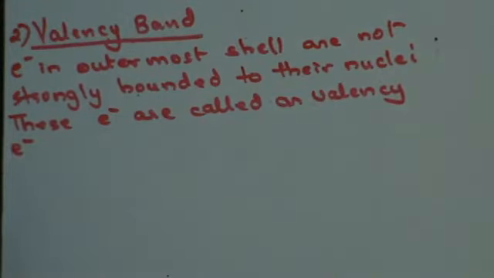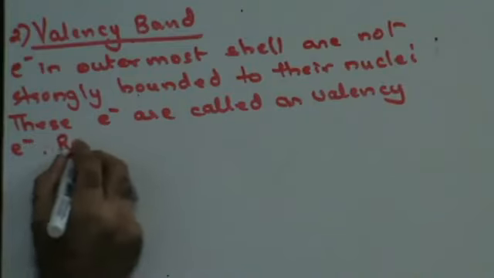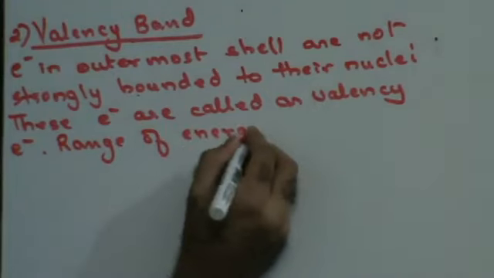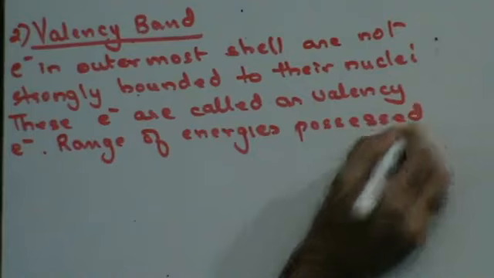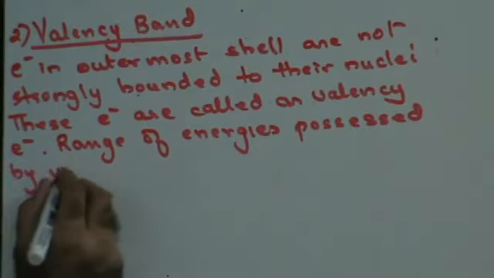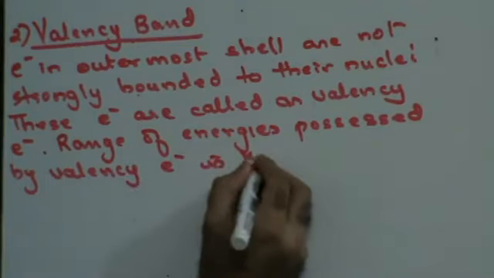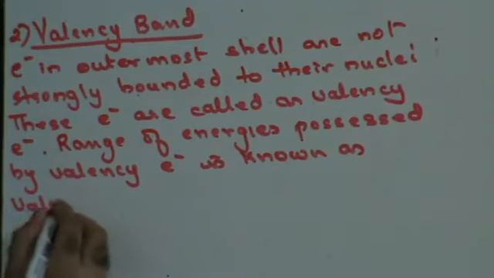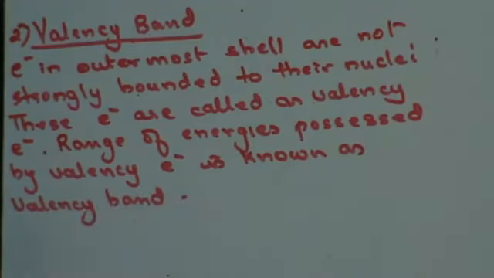And the range of energies possessed by valency electrons is known as valency band. Fine, do we understand what is valency band?